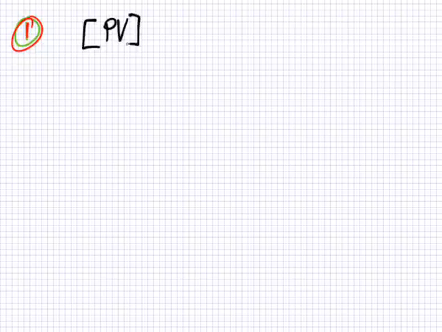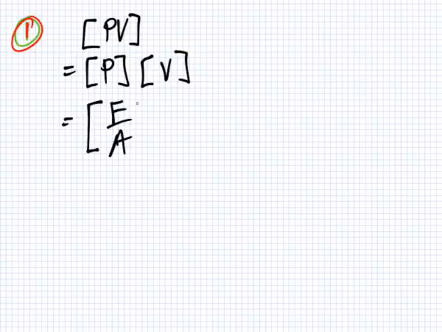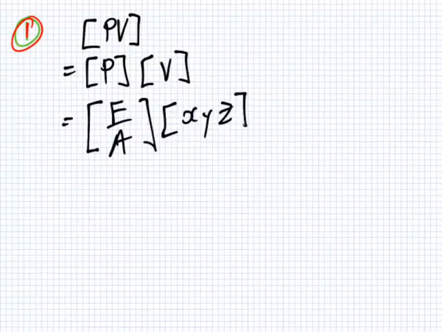Let's see, the dimension of PV is equal to the dimension of P multiplied by the dimension of V. What's the formula for pressure? Force over area, and for volume it will be x, y, z if it's a cube.